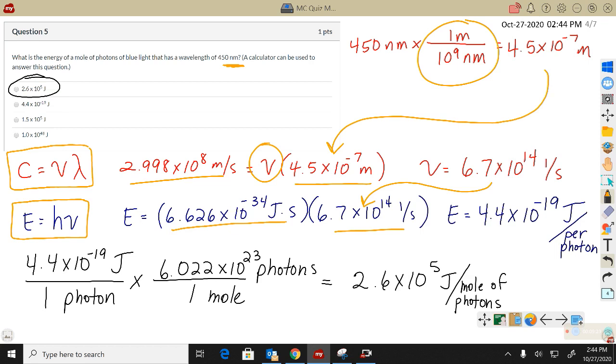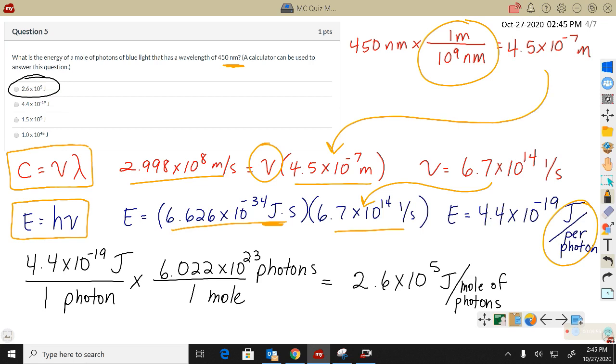First I solve for the frequency, then I plug it into the second equation and solve for energy. But now I have to remember that technically this is energy in joules, because Planck's constant is in joules, but it's joules per 1 photon. 10 to the negative 19th joules, it's crazy tiny. That's per 1 photon.